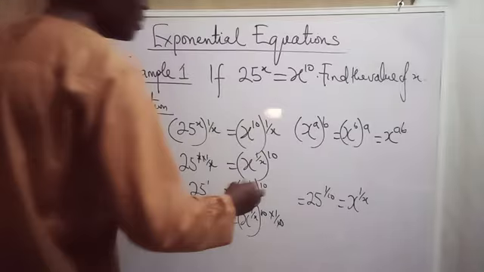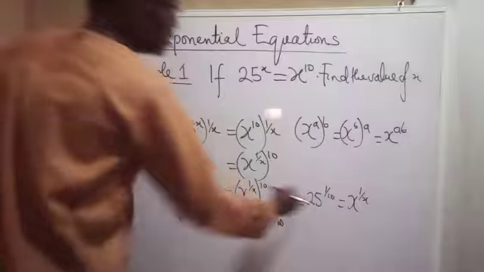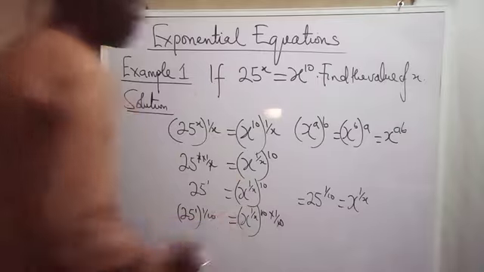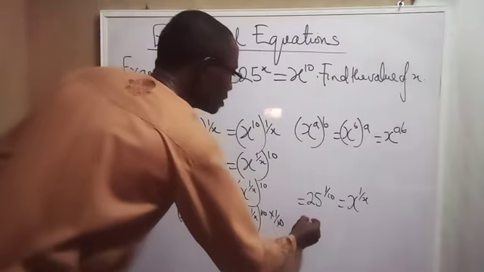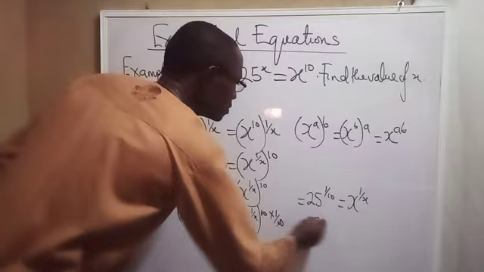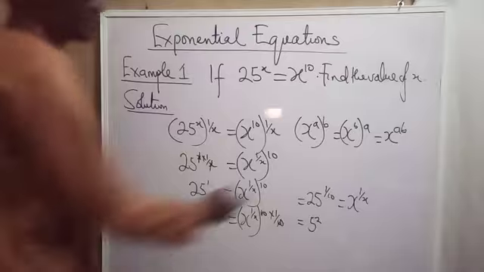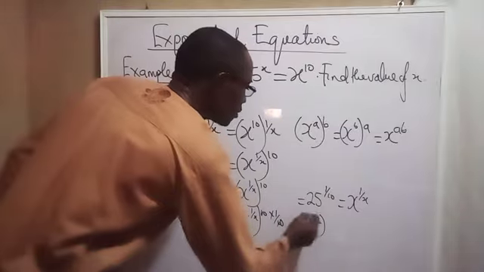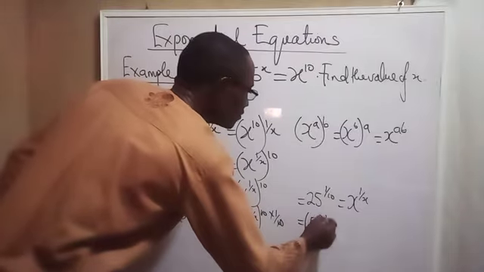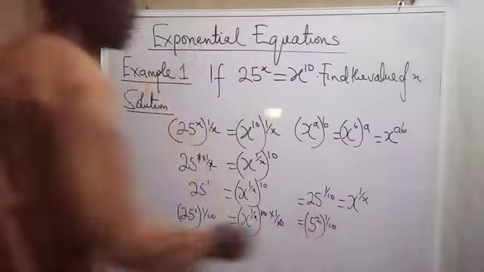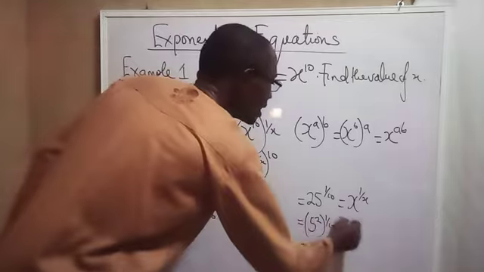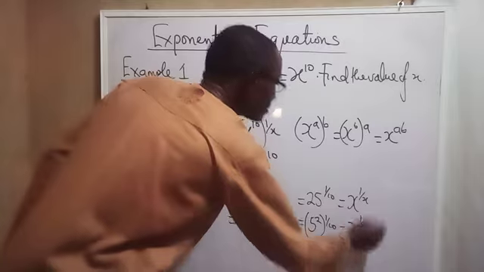So with this now, we could reduce this to the index form by saying that this will become 5 raised to the power 2, that raised to the power 2 is representing 25. Then raised to the power of 1 over 10 is equal to x raised to the power 1 over x.